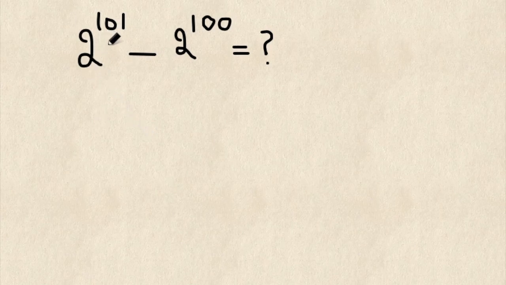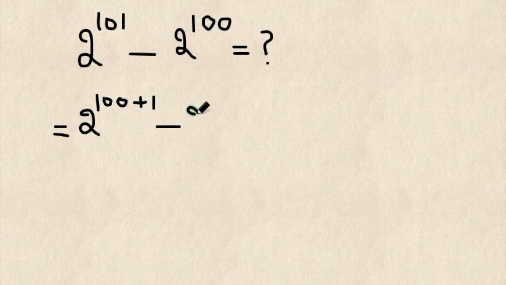In this video, I am going to solve this very nice exponential equation: 2 power 101 minus 2 power 100. So 2 power 101 can be written as 2 power 100 plus 1, minus 2 power 100, and just add 0 in it to get 100 plus 0.